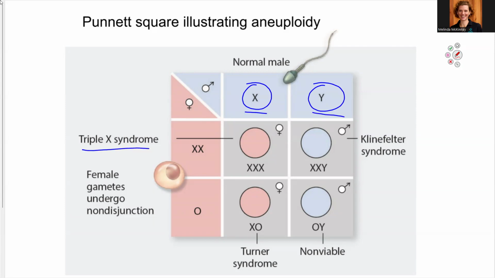We have a mother that has an egg already starting with 2 X chromosomes, and when that is fertilized by the sperm, you end up with triple X syndrome. Again, that's another fairly common genetic condition.